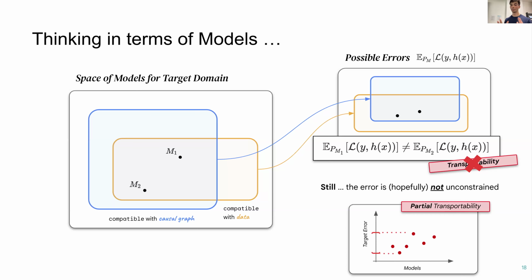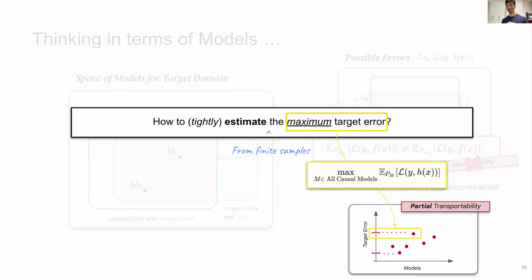Okay, so in this diagram, just as a sketch, you have compatible models on the x-axis that evaluate different target errors, and you'll be looking at computing a maximum, let's say. And so I think the relevant notion for a lot of these transfer problems, or a lot of these evaluation problems, is to understand to what extent you can estimate a maximum target error, and maybe do so tightly.